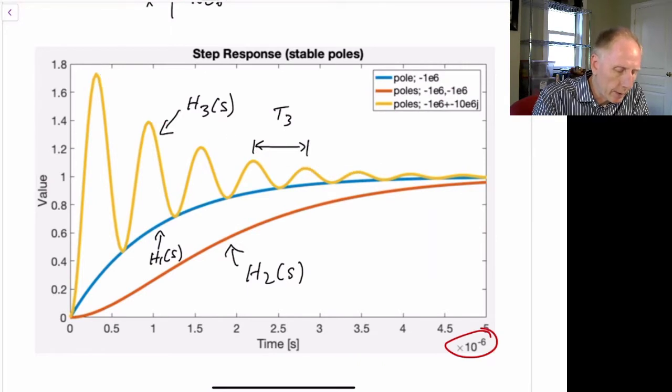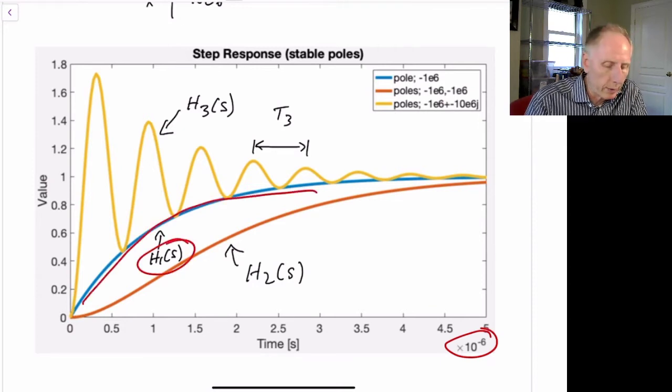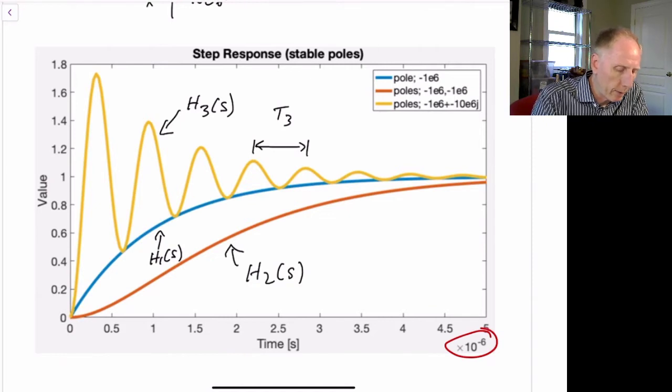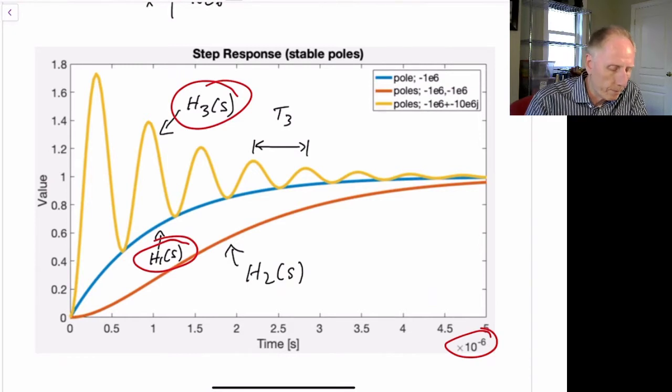If you also notice the amplitude, if you look at the H1 term here, it shows exactly the dampening of the ringing part for H3. So the real part of H3, it's exactly the same as the real part for H1 of S, shows how it's decaying and it's stable. But we do get a large ringing part for H3 of S.